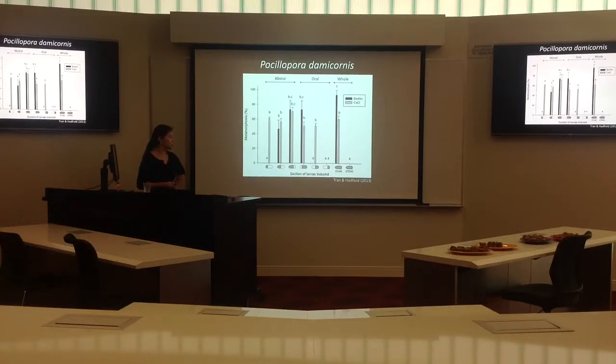It did not induce this last quarter here. And so once again, with the cesium chloride, this suggests that these sections have not lost their capability to undergo metamorphosis. And that is particularly true about this one. So this is really interesting in that it did not get induced by a natural cue, but it did get induced by an artificial cue.